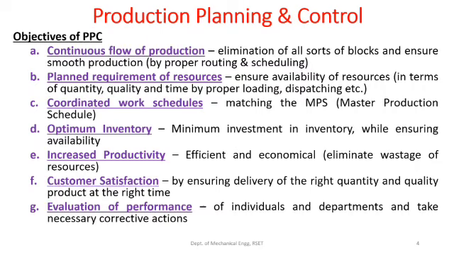Now the next objective is to increase productivity. By using production planning and control, you will be able to efficiently utilize your resources, thereby keeping your costs as minimum as possible. So increased productivity by efficient utilization of resources will lead to economical production, and this is done by elimination of wastage of resources.